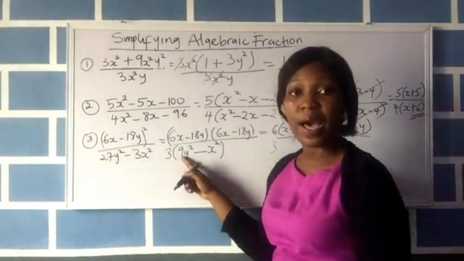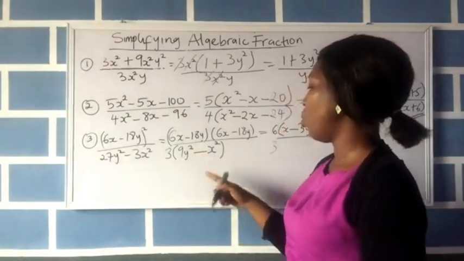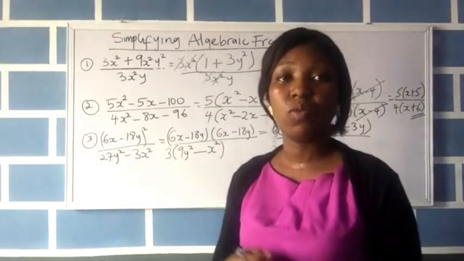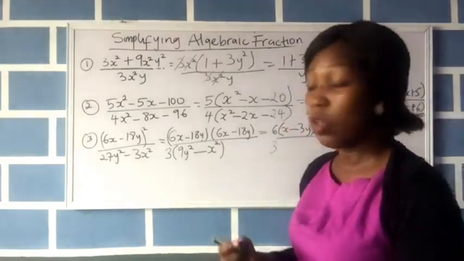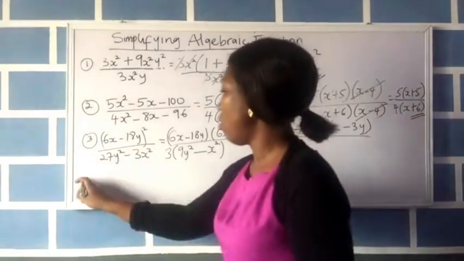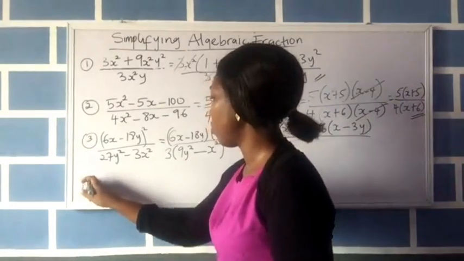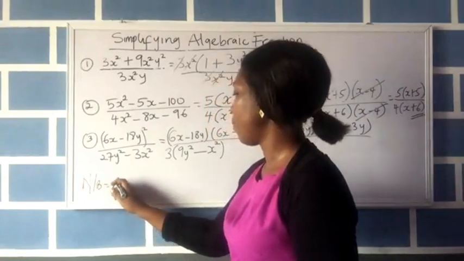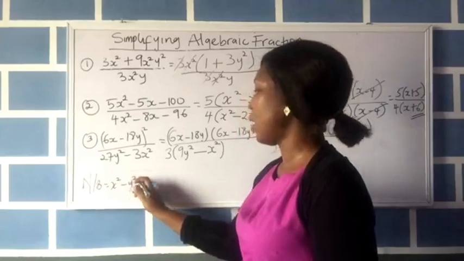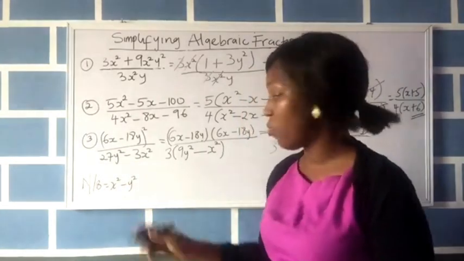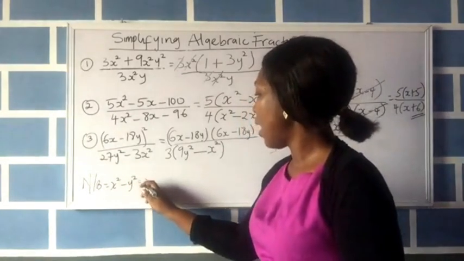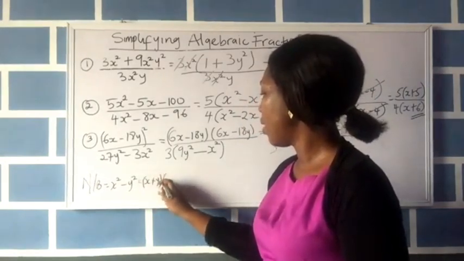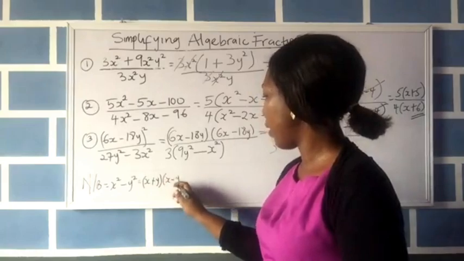If you check this value here, I have 9y squared minus x squared. That's a difference of squares. If you recall, when you have x squared minus y squared, that's a difference of squares, and it becomes x plus y, x minus y.